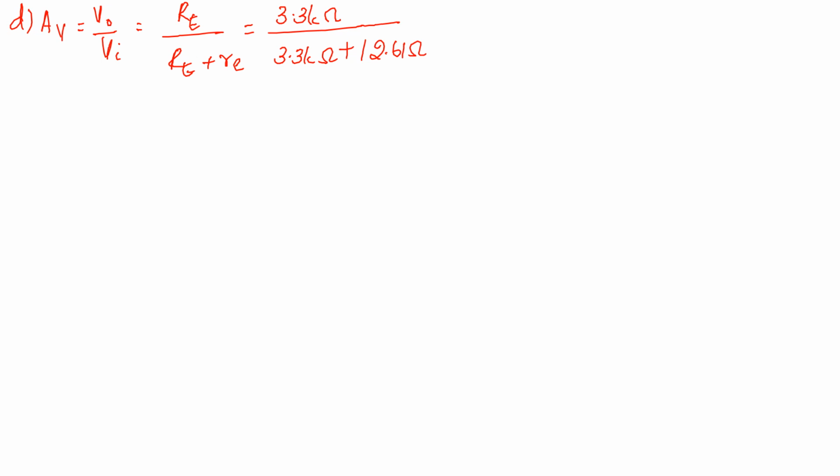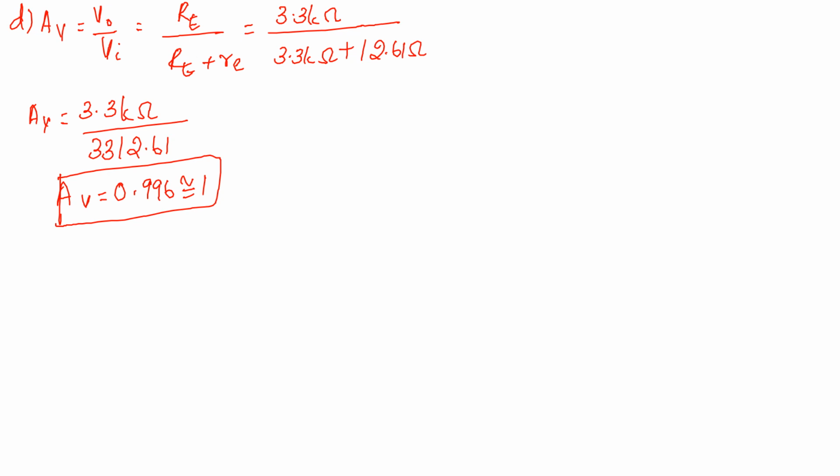So you will be getting AV will be equal to 3.3 kilo ohm divided by 3312.61. Therefore AV will be approximately equal to 0.996, which will be equal to 1. So for the emitter follower, what is your gain? Which is equal to 1. So it is proving, right?